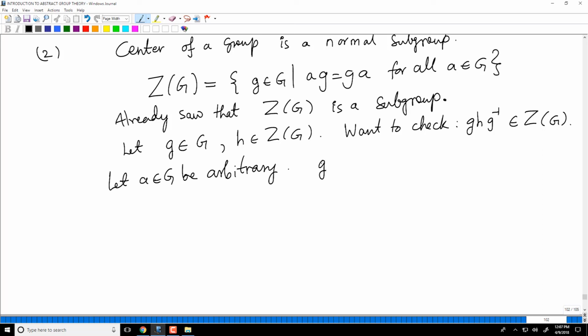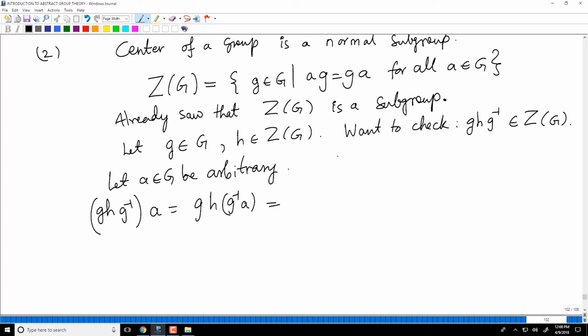So let's write g h g inverse times a. I'm going to rewrite this as g h g inverse a. Now let's use the property that h is an element of the center. If h is an element of the center, h commutes with everything.